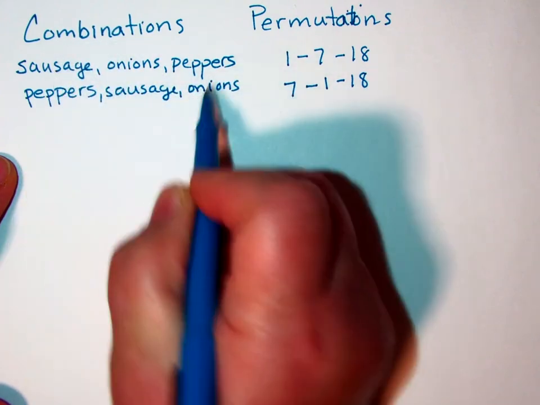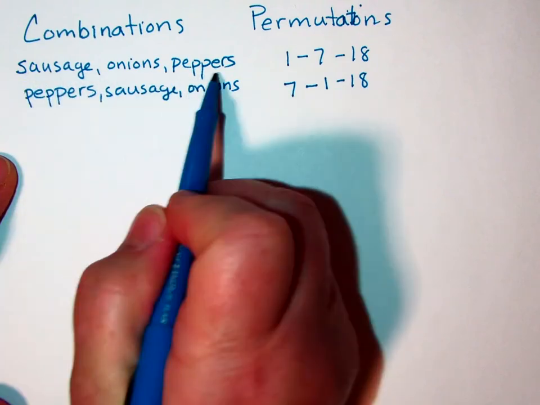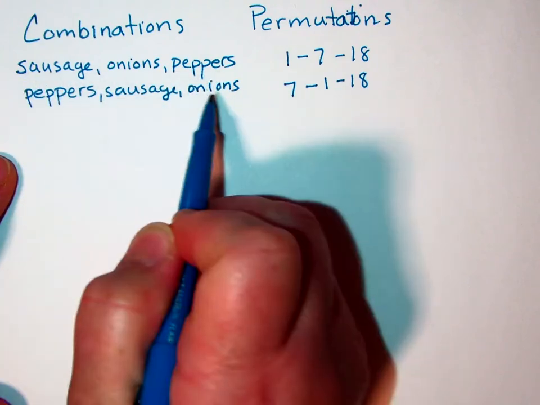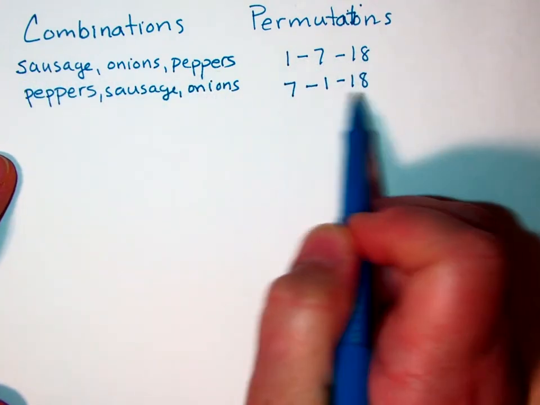Okay, so in combinations, this would count as the same combination. In permutations, this would not be the same. So anyhow, what we're looking at in this problem are really permutations because A, B, and C are considered to be different parts. They're like the combination lock.